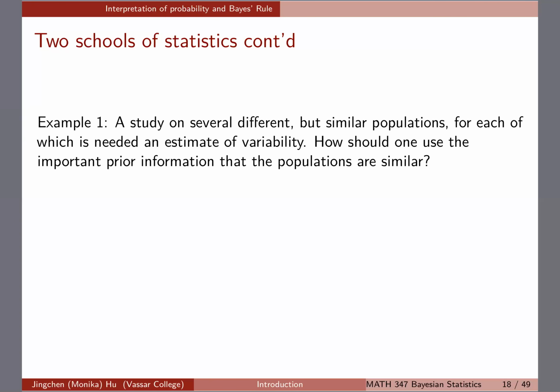We won't cover exactly the same example, but just have this in mind that the Bayesian methods will be able to incorporate important prior information. In this case, let's say we believe they're very similar to each other. So you might assign a similar or the same prior distribution for that variance for all of them, and then let the data together decide what will be the ultimate variance estimate for each of the different years.